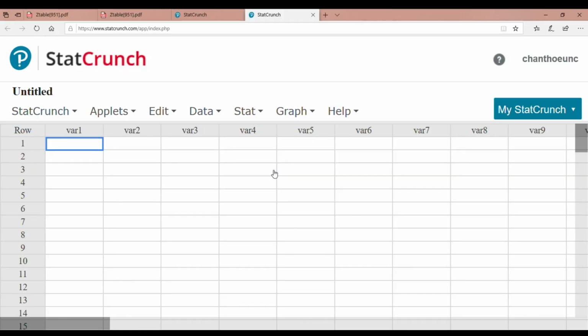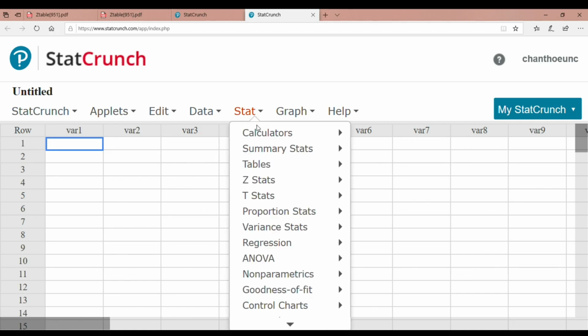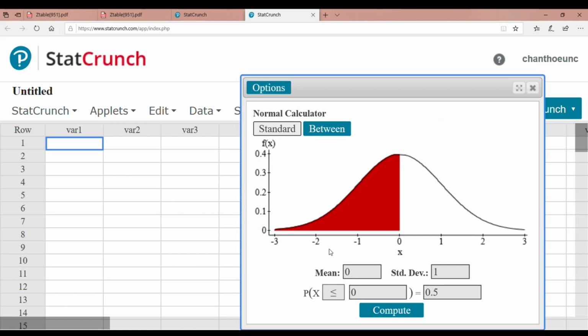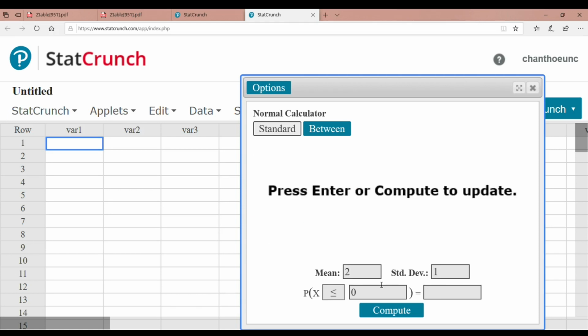In order to do example 1 on StatCrunch, we have to go to Stat, Calculators, then Normal. So Stat, Calculators, Normal. I know the mean is going to be 2.46.